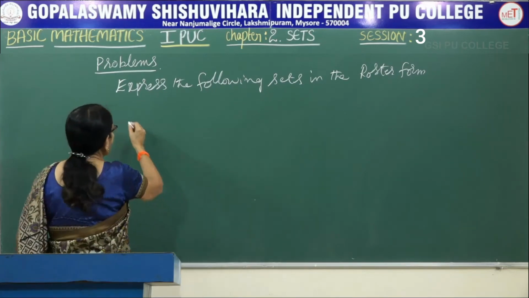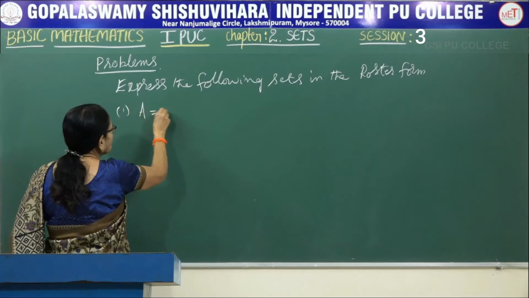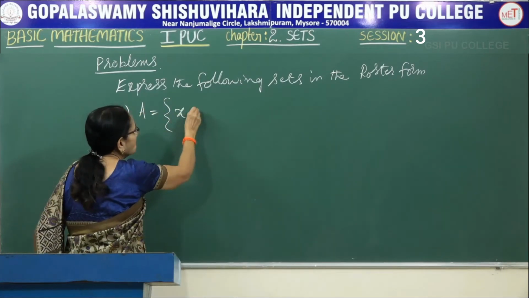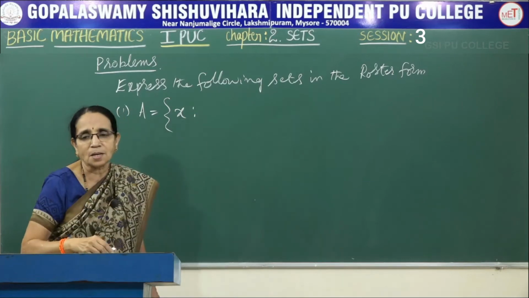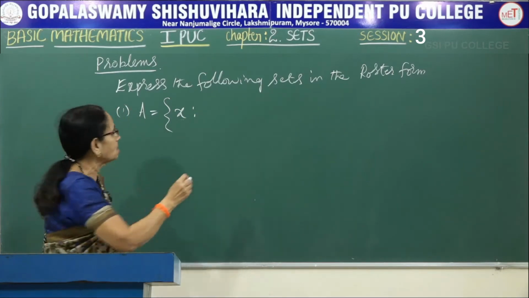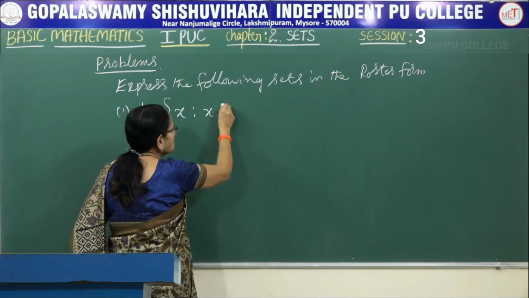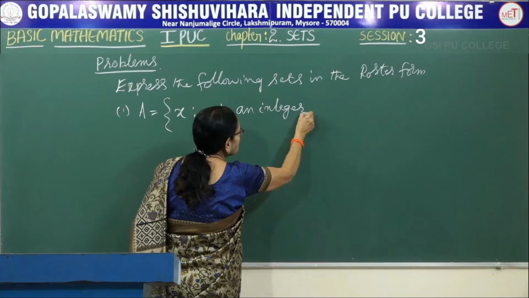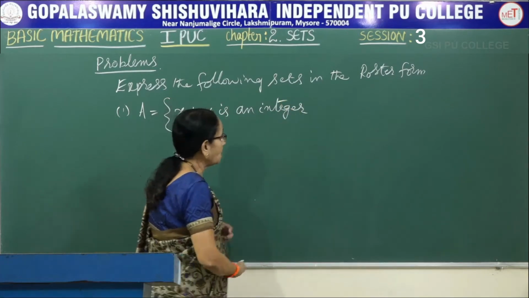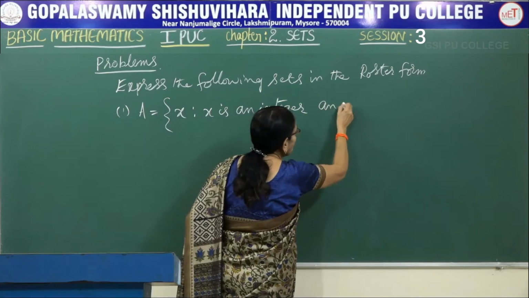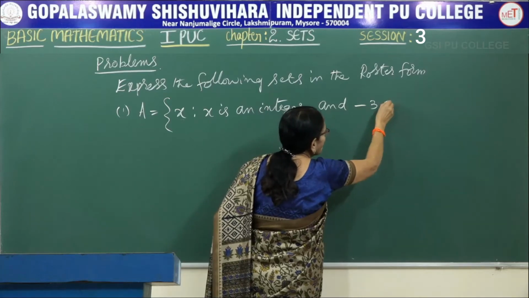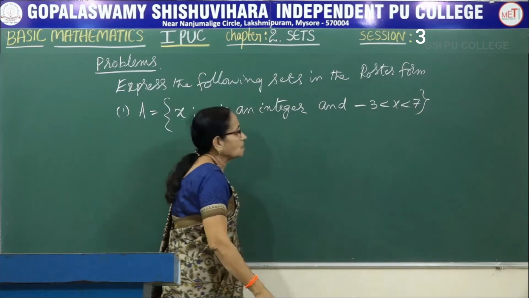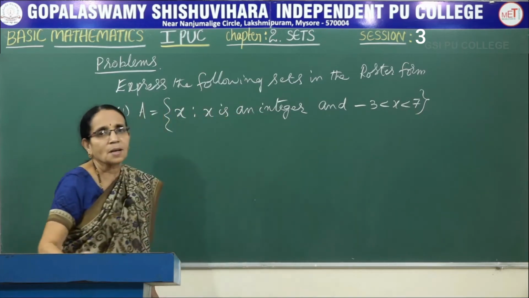The first problem is: the set A is containing all x such that x is an integer and minus 3 less than x less than 7.